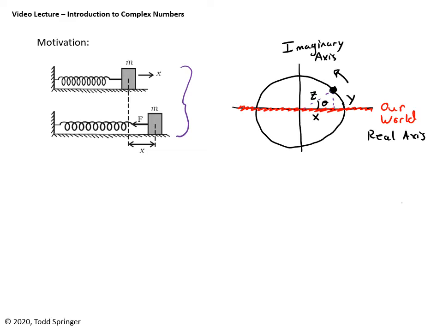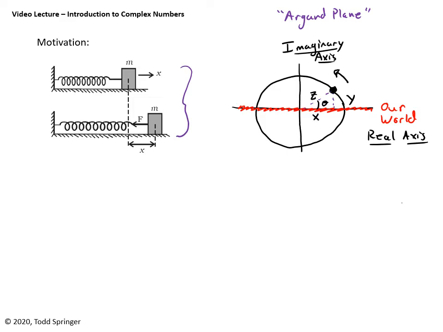So it's a plane. These are not like the x and y axes. These are different, right? We have the real axis and the imaginary axis. Mathematicians have a name for this, so in case you see the name, it's called the Argand Plane, which is a way of visualizing complex numbers.